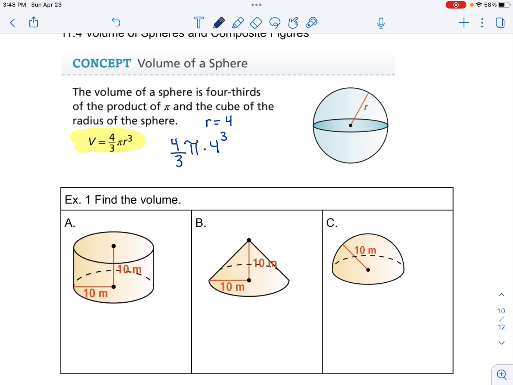If you ever have a problem that says leave in terms of pi, or sometimes even on these examples in the lesson quizzes and things like that, you may see the reteach lessons have it leave it in terms of pi. So I would just do exponents, 4 to the third power first, and get 64. And then I would be taking 64 times 4/3.